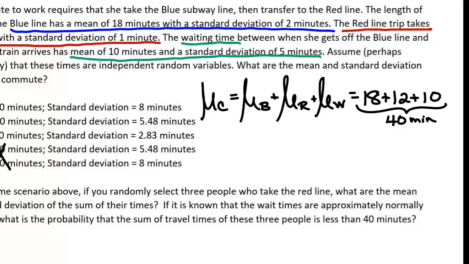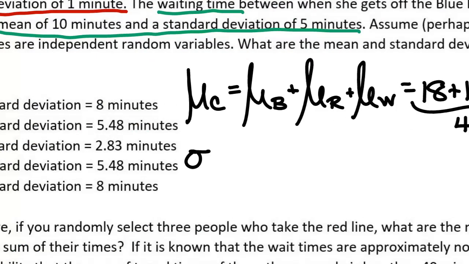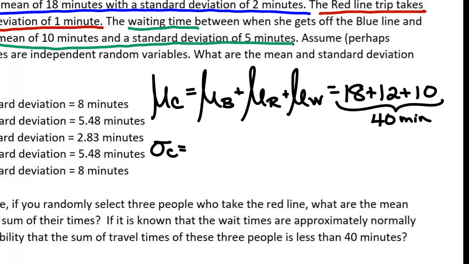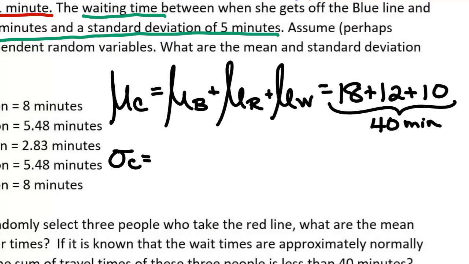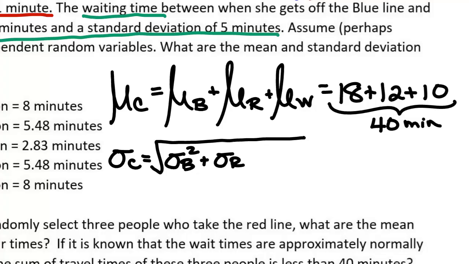How do you find the variance if all you have is the standard deviation? Square it, yes. So the standard deviation for the whole commute is equal to, after you square them and you add them together, what do you have to do? Square root that. So we have to undo the squaring. So I need the standard deviation for the blue line squared, plus the standard deviation for the red line squared, plus the standard deviation for the waiting time squared.